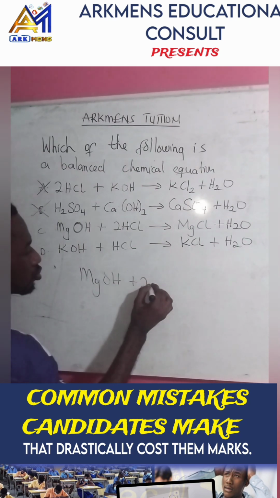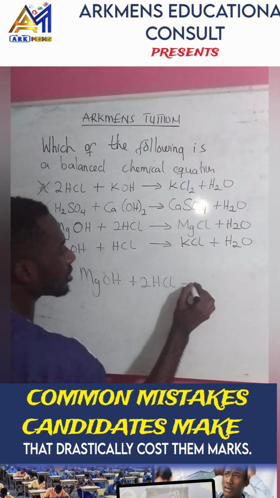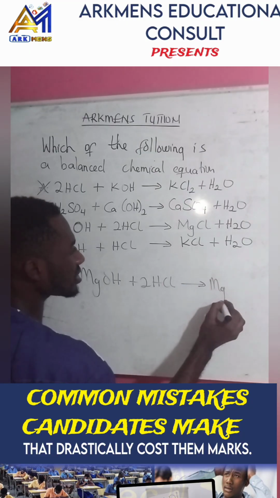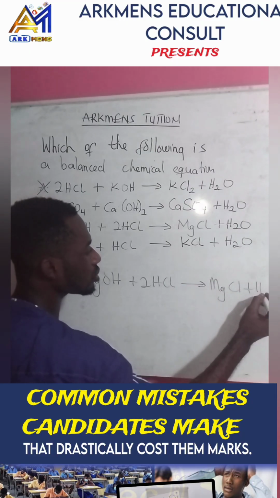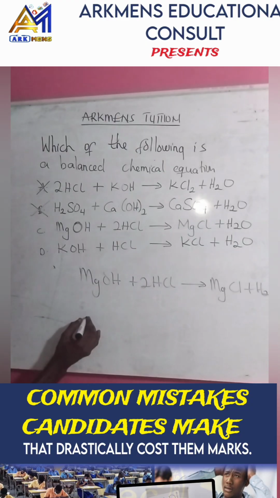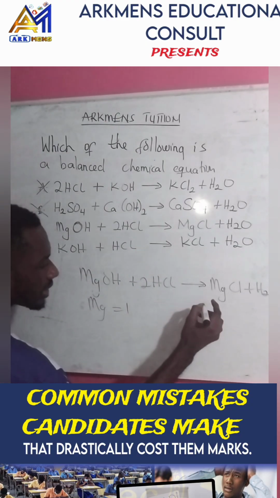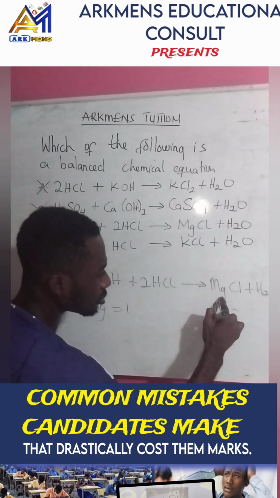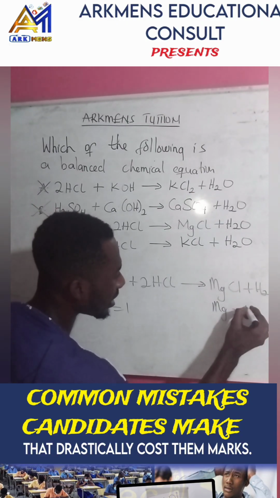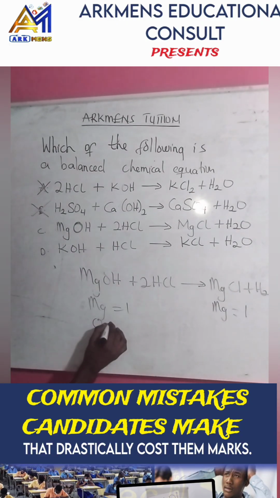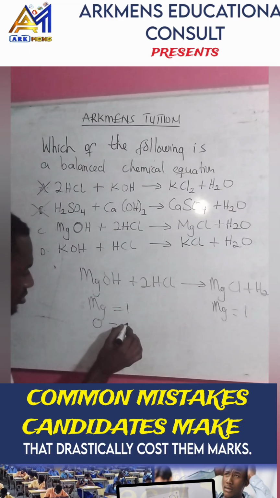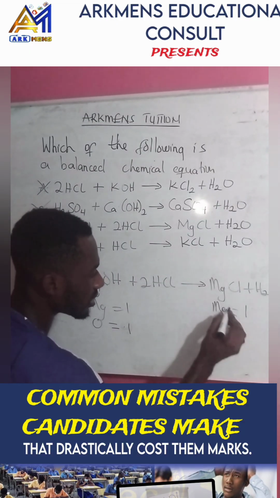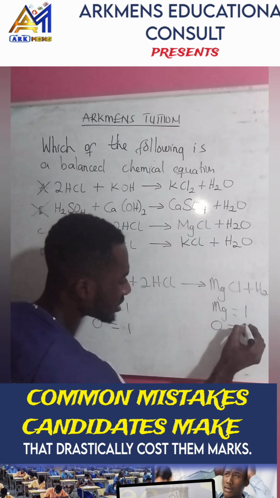Mg(OH)2 plus 2HCl gives MgCl2 plus H2O. So I can pick Mg: magnesium over here is 1, and over here is also only 1. Oxygen over here, we have only 1, and on the other side we have only 1 oxygen, so it's balanced.